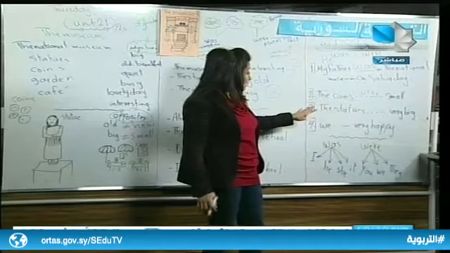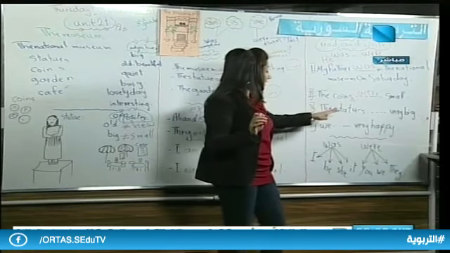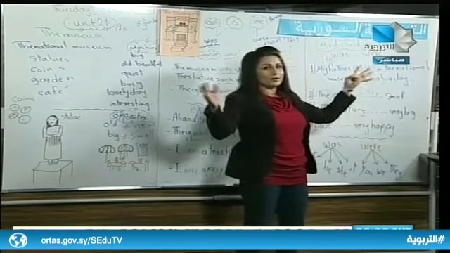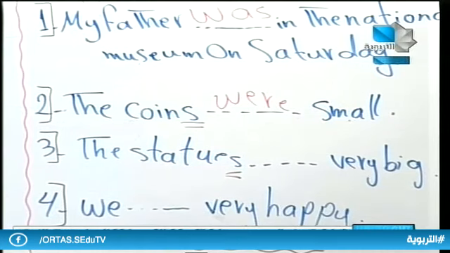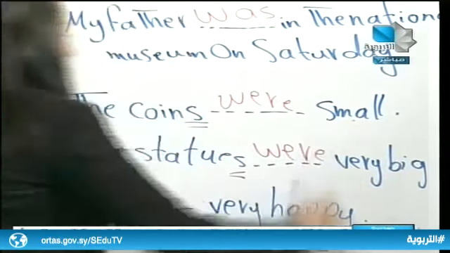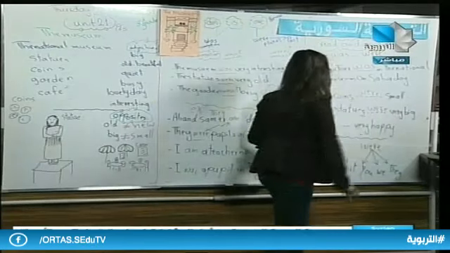What about the statues? And we talked about the statues in the museum. Also, it's plural. The statues, very big. What can you say, was or were? Okay, I'm listening to you. Were, thank you. The statues were very big.